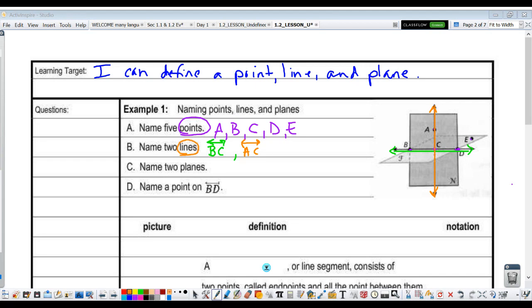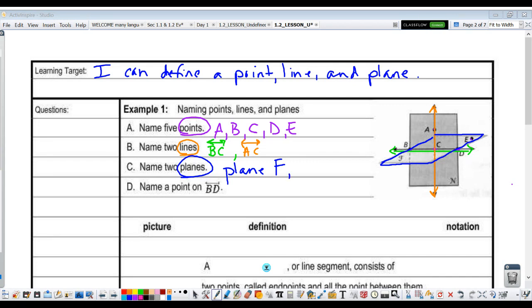All right, name two planes. So a plane is a flat surface. This one's kind of tricky to see. I'm going to start with this plane that's almost horizontal. And I can name that plane F. Capital letter F has no point.